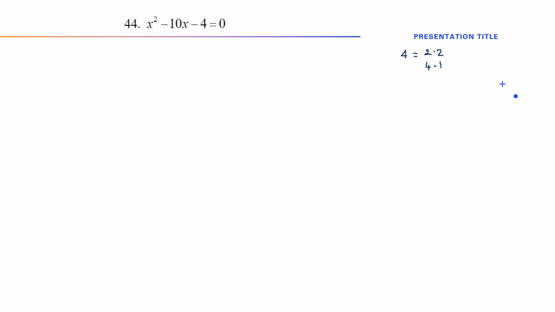So we can use completing the square. x squared minus 2 times x times 5. We move the 4 to the right hand side, so add 4 both sides.